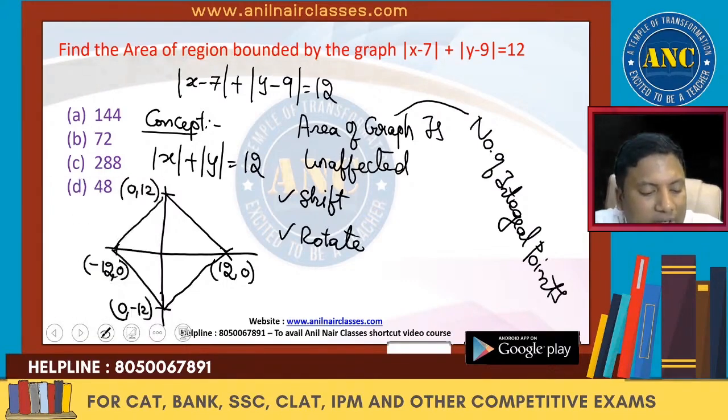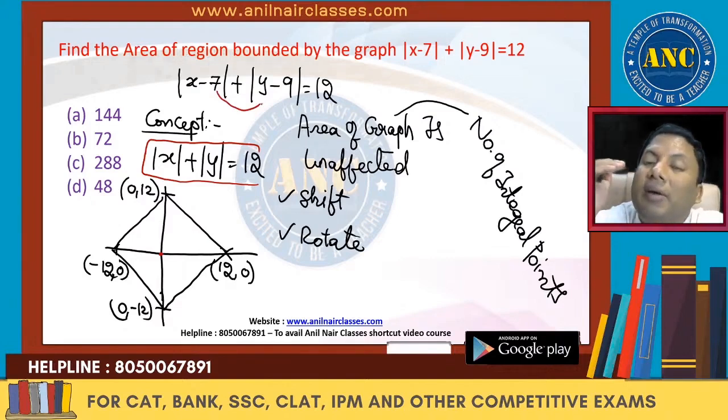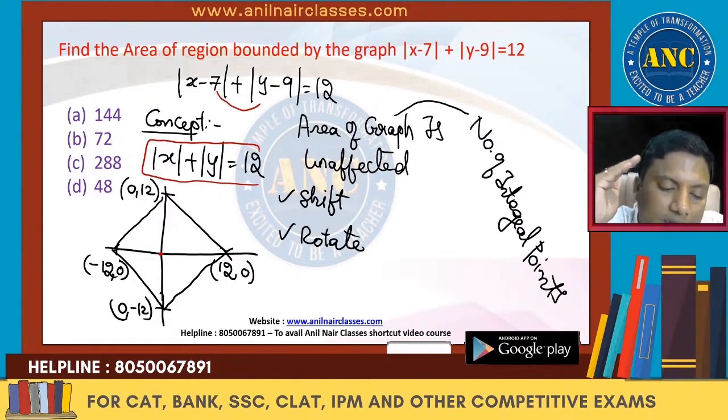Mod x minus 7 plus mod y minus 9 equivalent to 12. Actually, this is at the point 0 comma 0. It is shifted to 7 comma 9. Every point x comma y is shifted to x plus x dash, y plus y dash.